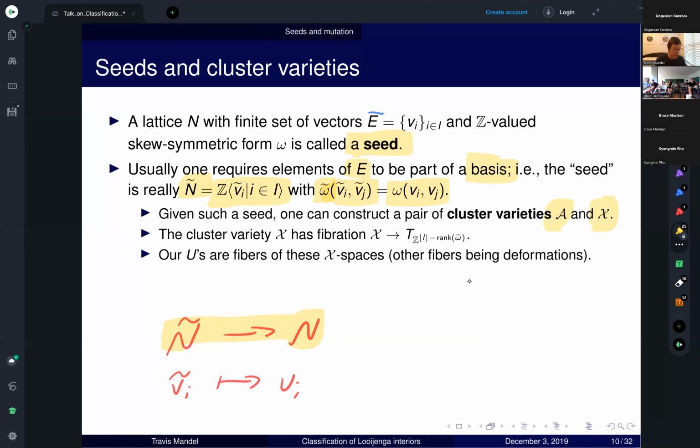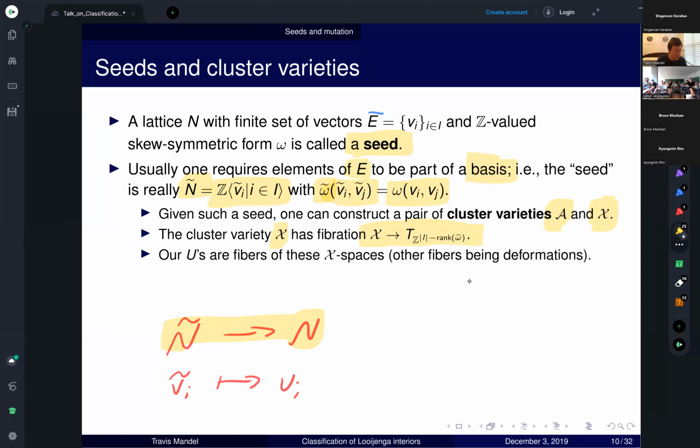This cluster variety is usually denoted X. It has a fibration over an algebraic torus, where the dimension of the fibers will be the rank of omega, or the rank of omega tilde. So for us, the fibers will be two-dimensional. And in fact, the fibers will be Looijenga pairs.